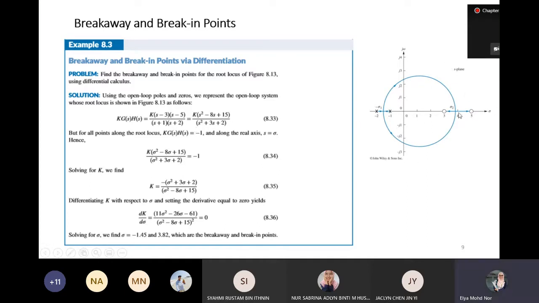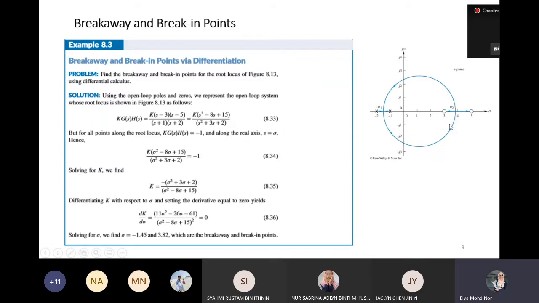We know there are two poles here and two zeros. The poles will be attracted to the zeros. So these two poles will go towards each other, but then repel. One will go into the zero here, another one will go into the zero here.